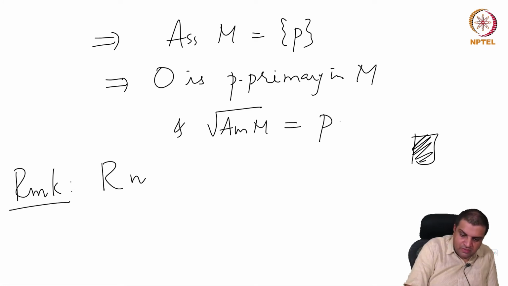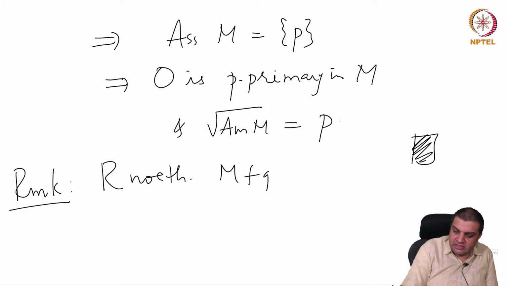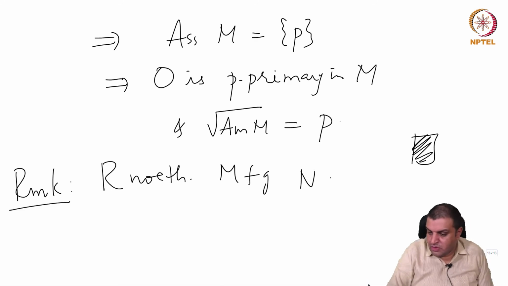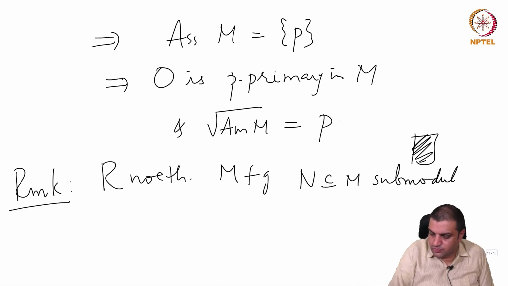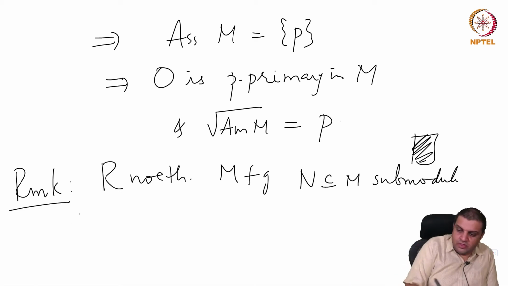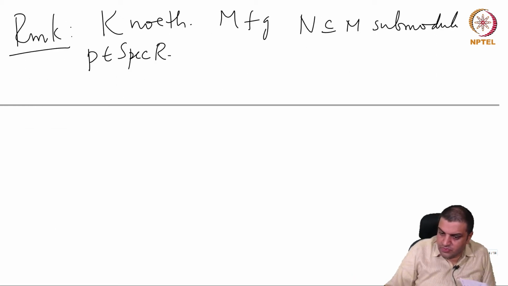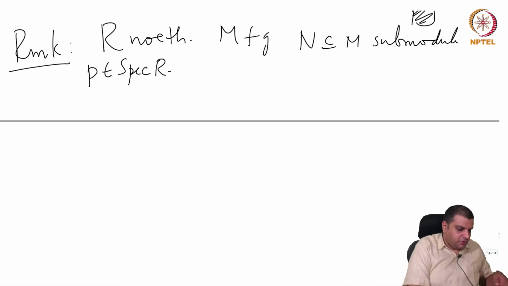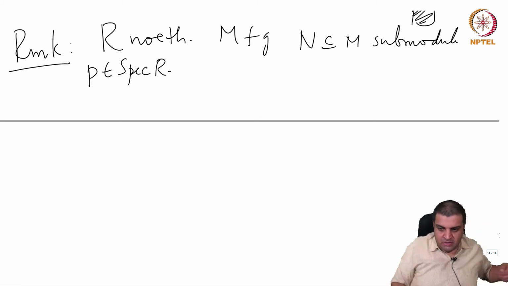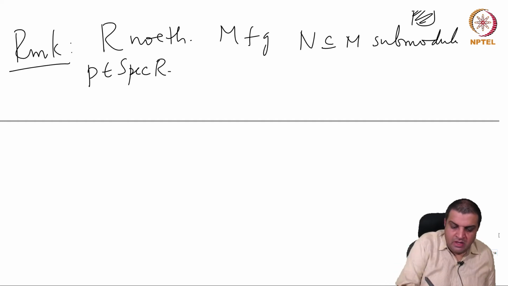So R Noetherian. Sorry, not that this is what it means, but it has the following property: M finitely generated and N a submodule inside M, P a prime ideal. So I'm just rewriting the previous proposition in a slightly more convenient or familiar way.